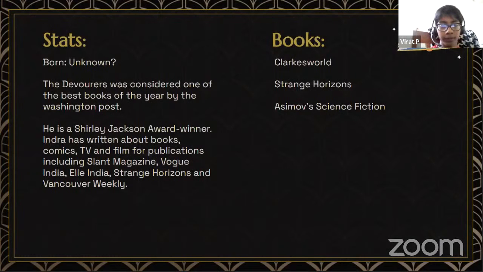The Devourers was considered one of the best books of the year by the Washington Post, like I said in the introduction slide, and he's a Shirley Jackson Award winner because he has written a lot of short fiction stories. Instead of writing big books, he usually works with small articles and small books instead of huge novels.